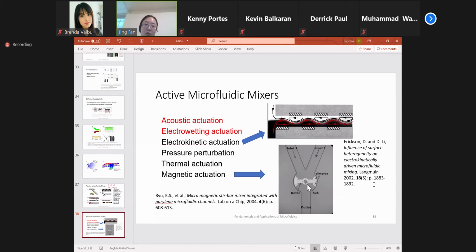Okay, so basically, active microfluidic mixers use actuation from external energy. If we compare with the passive microfluidic mixers, the active mixers have even more complex structures that are usually difficult to manufacture.